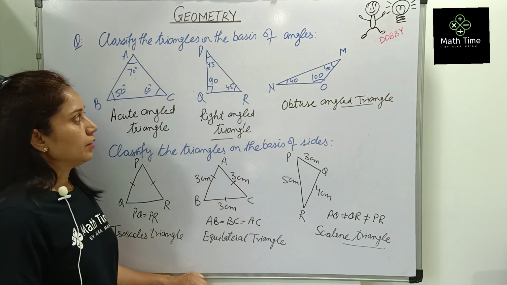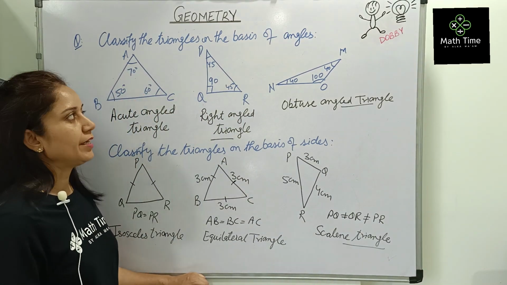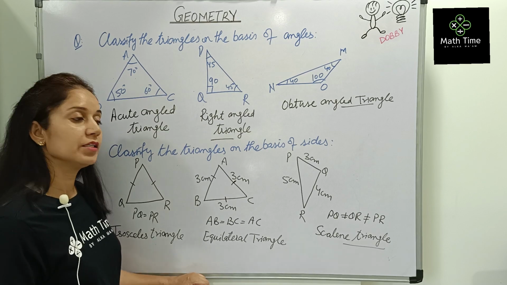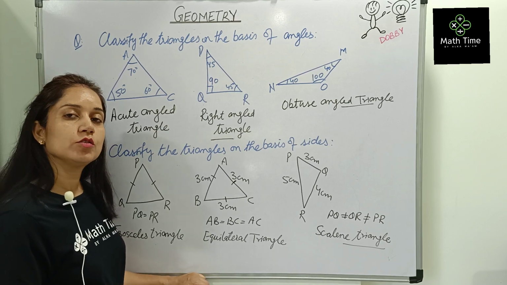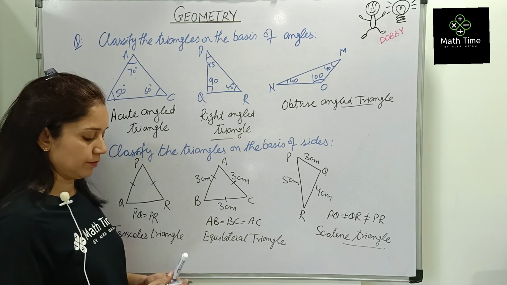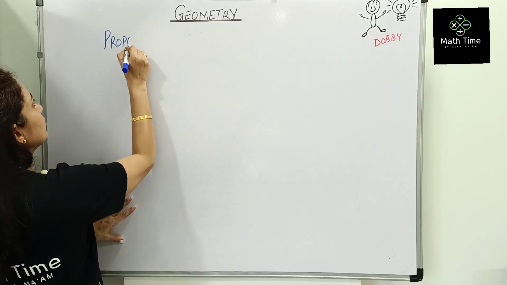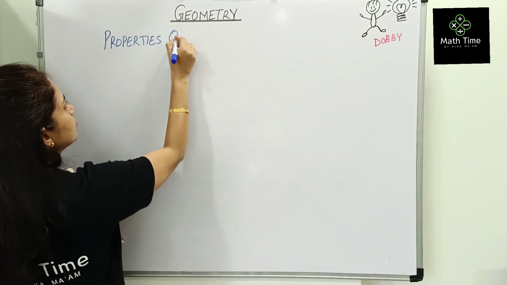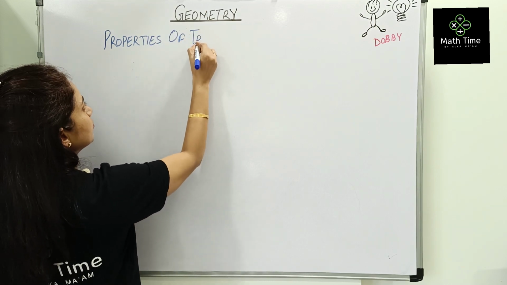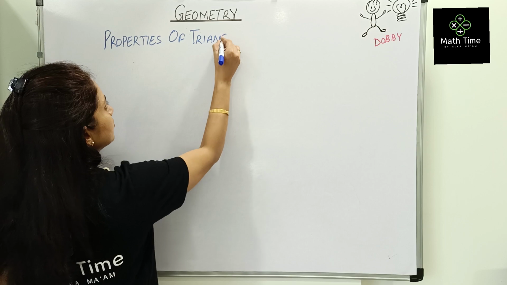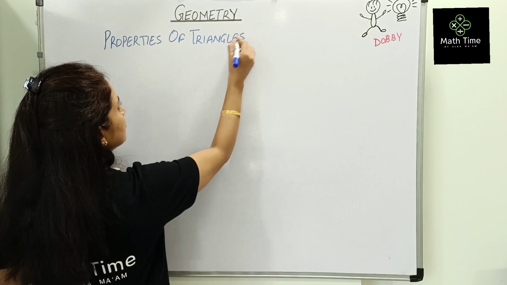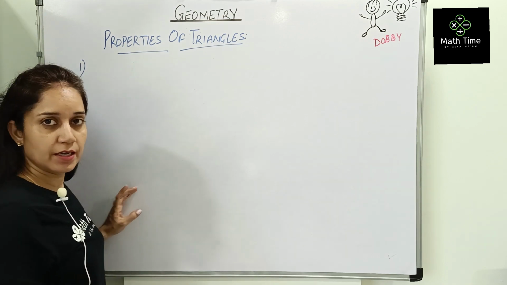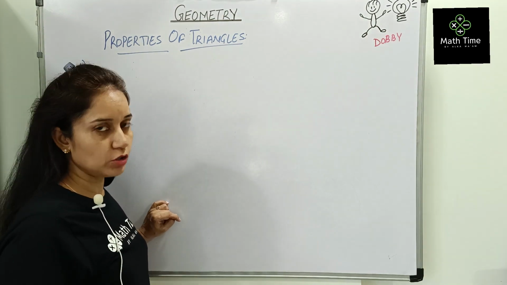Okay. Now after getting some understanding of types of triangles on the basis of angles and types of triangles on the basis of sides, let us do the properties of triangles. First property tells us that a triangle is a closed figure.